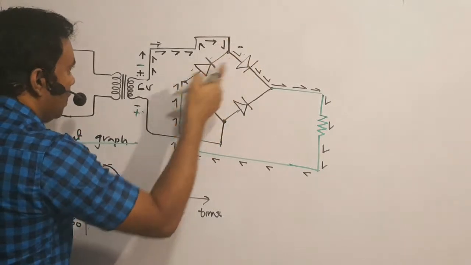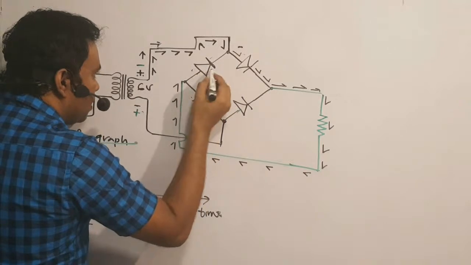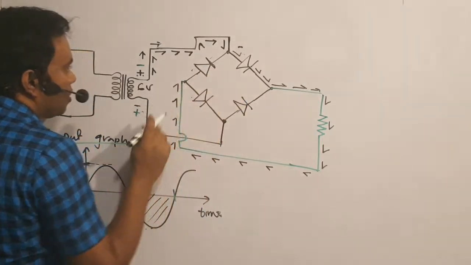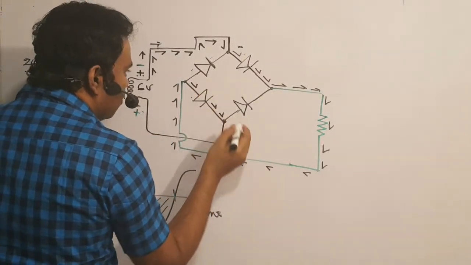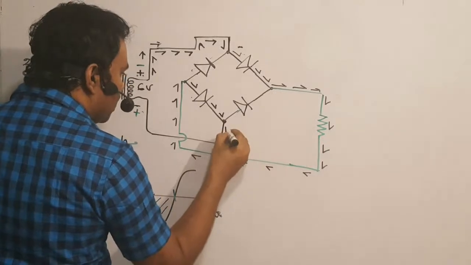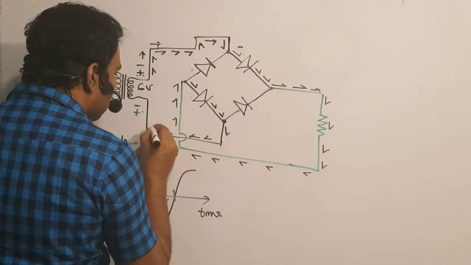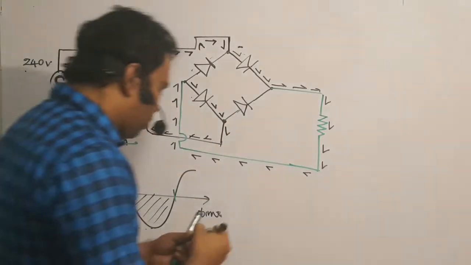So it never comes this way because of the reverse bias of the rectifier diode. Therefore, it goes like this. Now we can draw this positive half output.